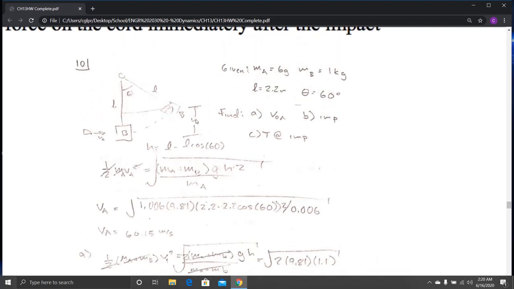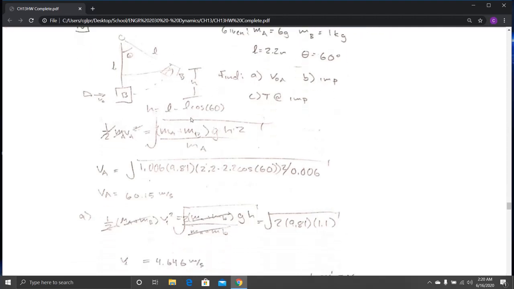Realize I'm going to be working with some potential energy here. So I want to find out how to calculate H. And essentially the kinetic energy is going to be transferred into potential energy. First time I tried to solve it, I was looking at the initial kinetic energy of just the bullet.